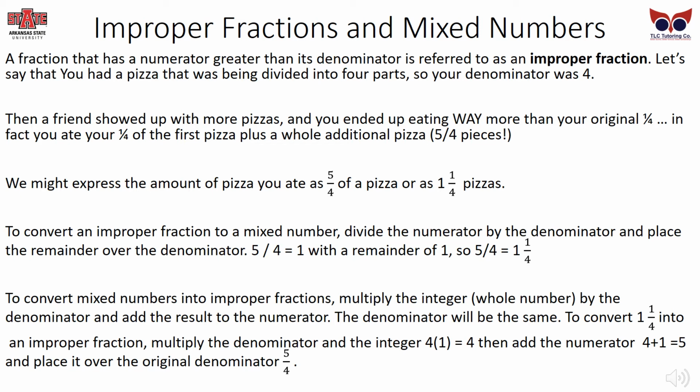The denominator will be the same. To convert 1 1/4 into an improper fraction, multiply the denominator and the integer, 4 times 1, which would equal 4. Then add the numerator, 4 plus 1, which would equal 5, and place it over the original denominator, giving you 5/4.